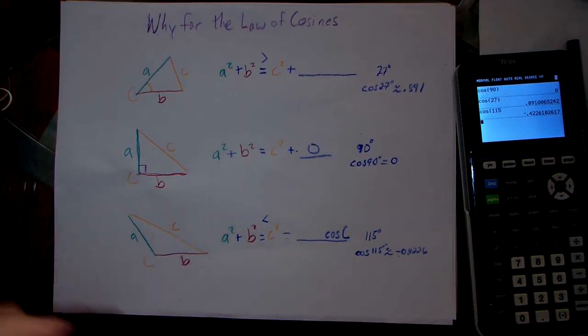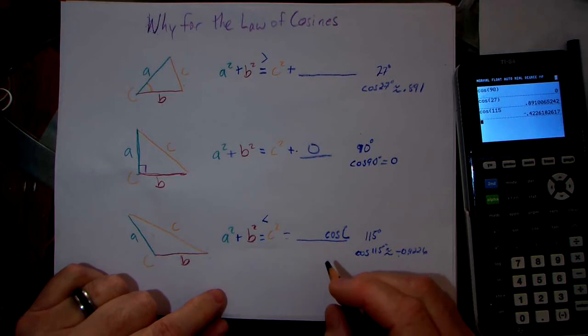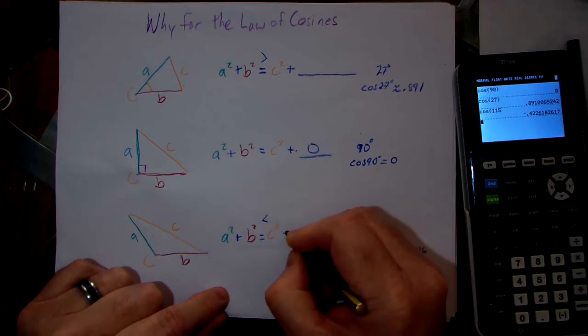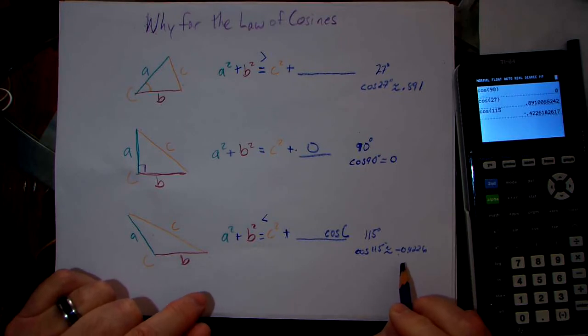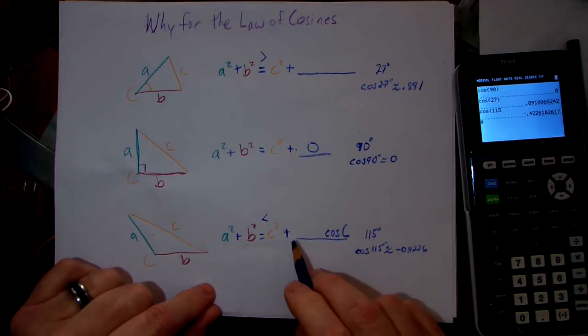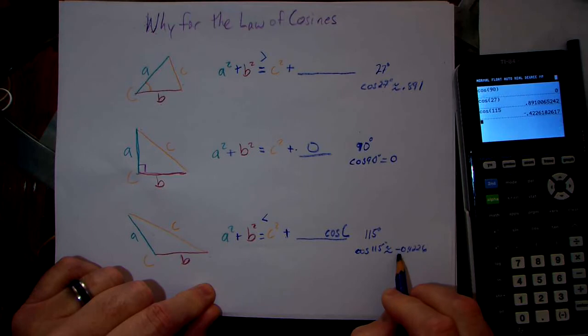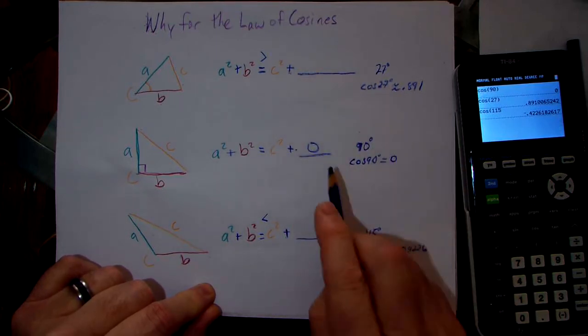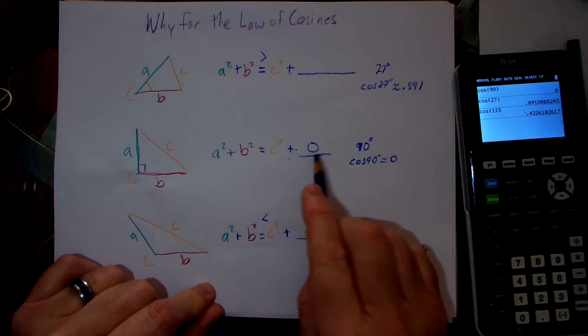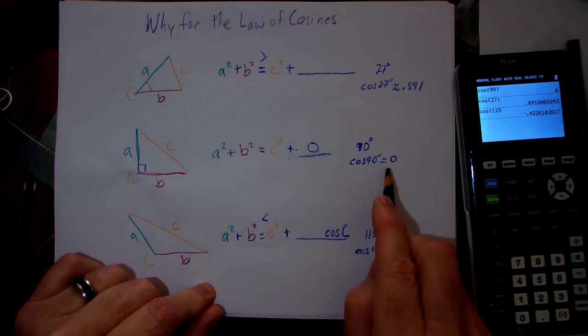It's actually going to turn this into a positive. So I'm going to replace this with a plus, so that when I do the cosine of 115 or something bigger than 90, it's going to end up still being a subtraction. In this case, I wanted a positive, and I had a positive, so that's fine. In this case, I wanted 0, and this in fact was 0.